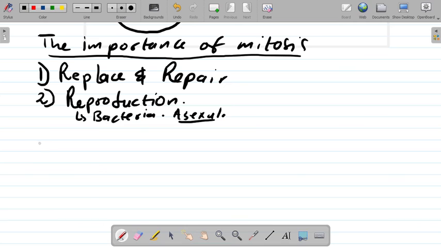Good. Then the third one will be for growth. At some point after fertilization, you were just one cell, one little cell. And then that cell divided into two cells. And then there was more. Through the process of mitosis, you became more cells, until your cells became differentiated.